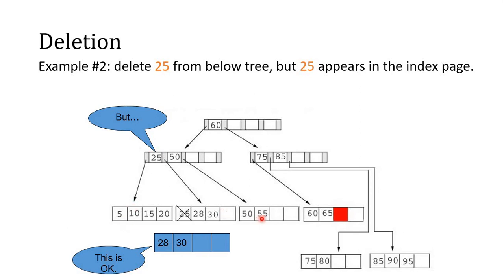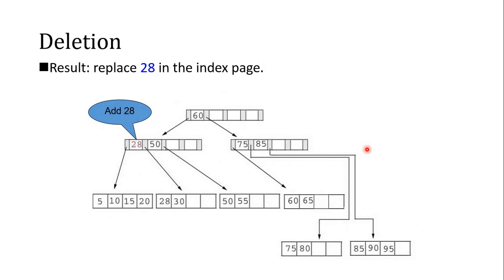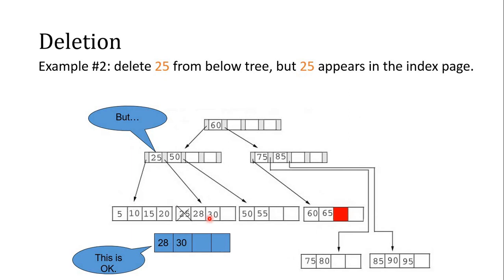That is the question. What we have to do is take a value from the previous level, a very small value, which is present in the most left of this node.